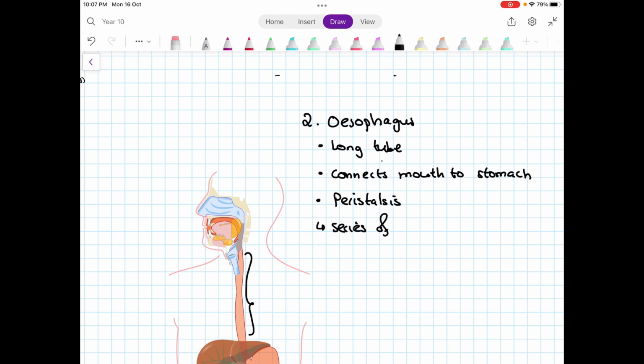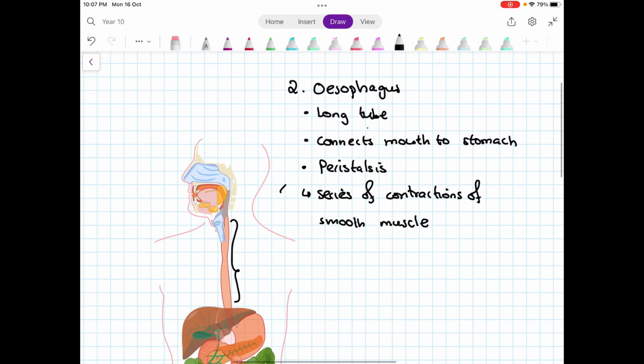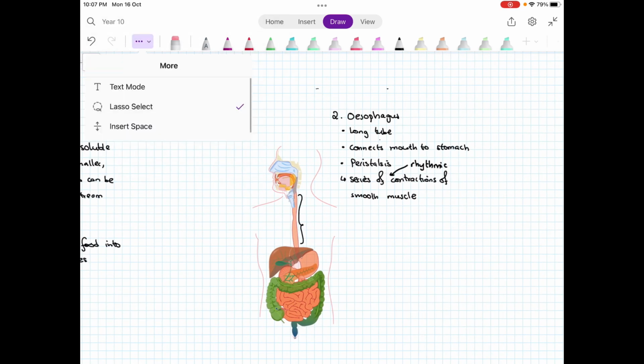Peristalsis is the series of contractions of smooth muscle which helps food pass through the digestive tract. And I could even add that they're a series of rhythmic contractions. So they occur periodically.